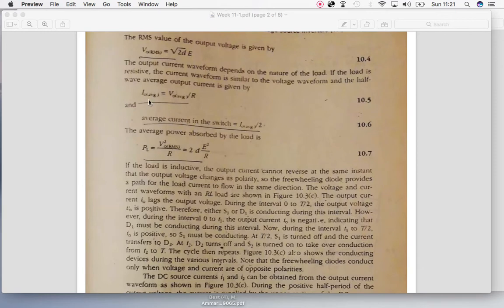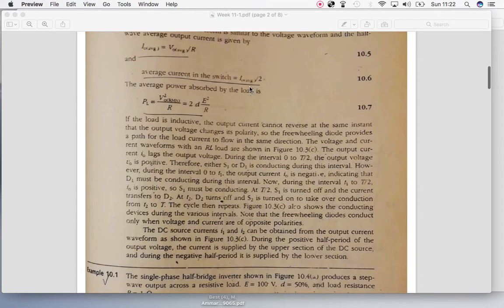For calculating the average output current, we have to divide the average output voltage by the load resistance, and in order to calculate the average output current on one of the switches, we have two switches, so divide it by 2.